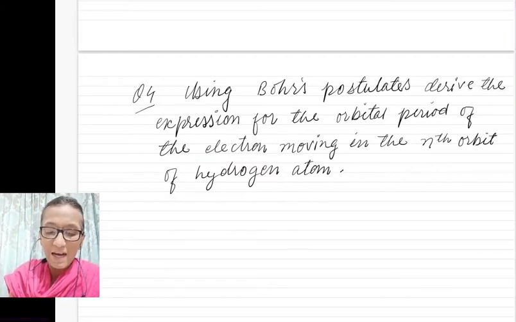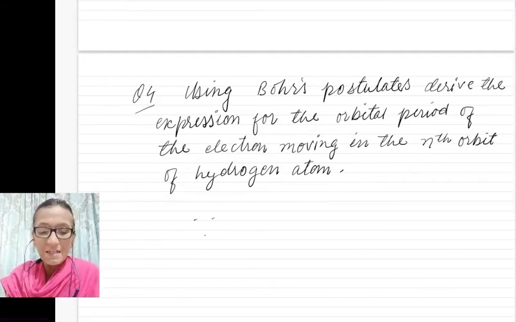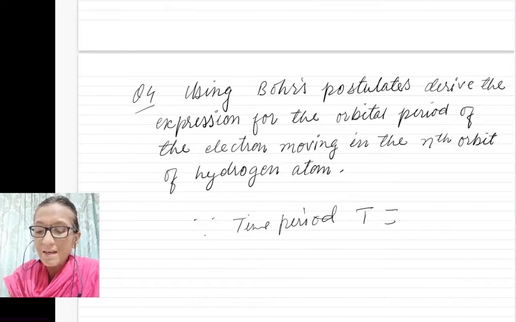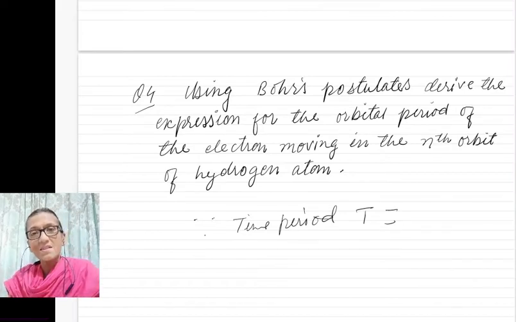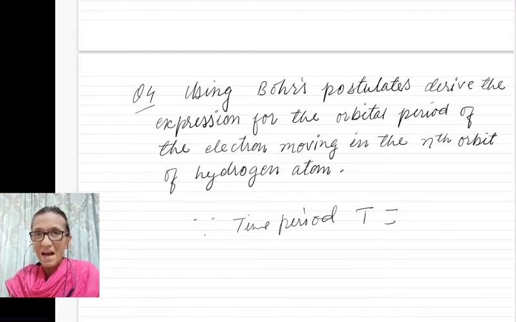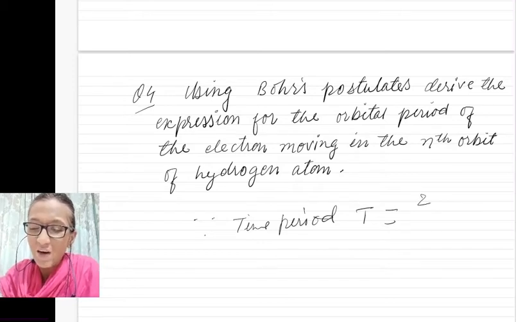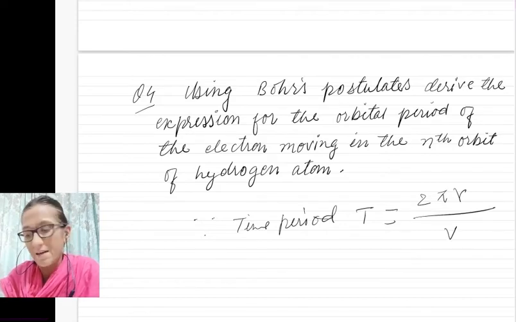So you know that time period T is equal to, just by the formula of velocity is equal to displacement per unit time, so time will be equal to displacement per unit velocity. And what is displacement? 2 pi r, where r is radius, upon velocity.